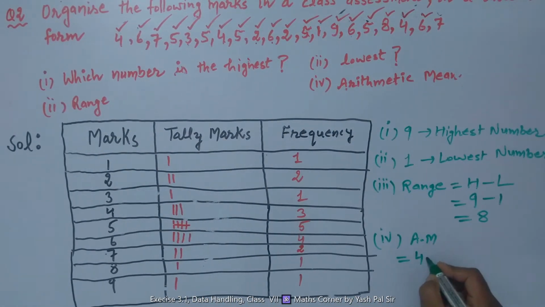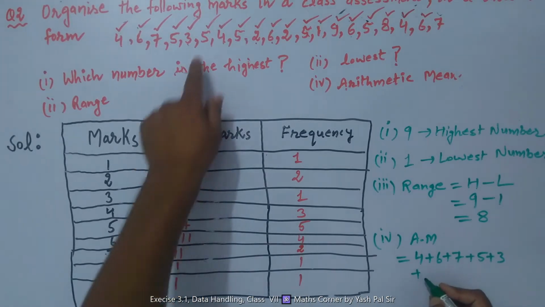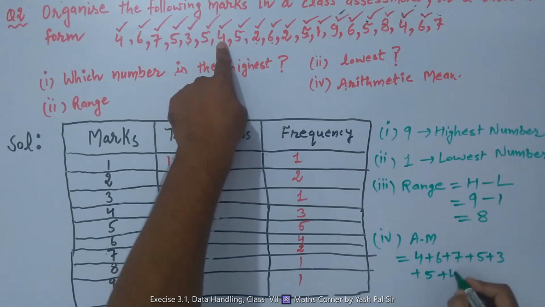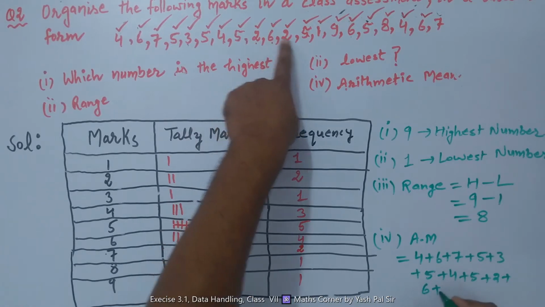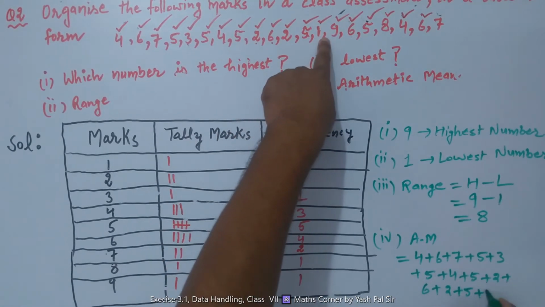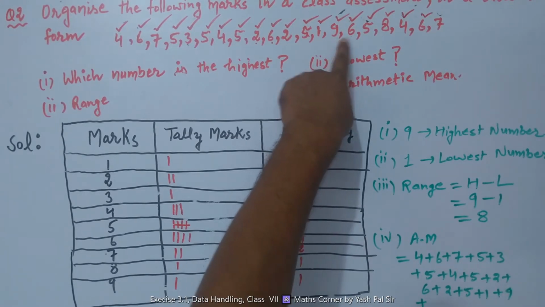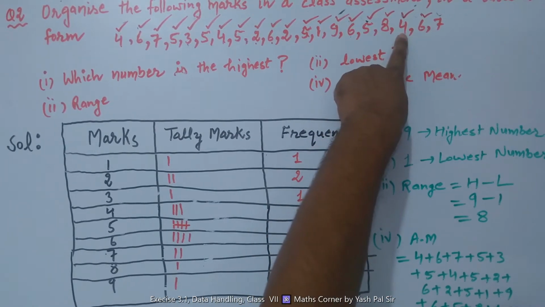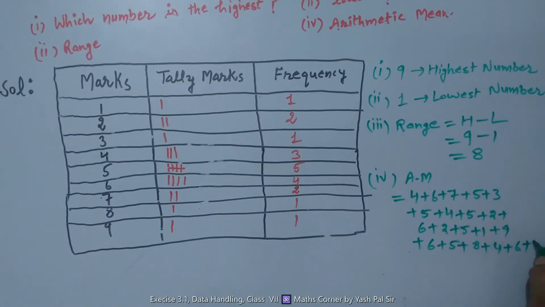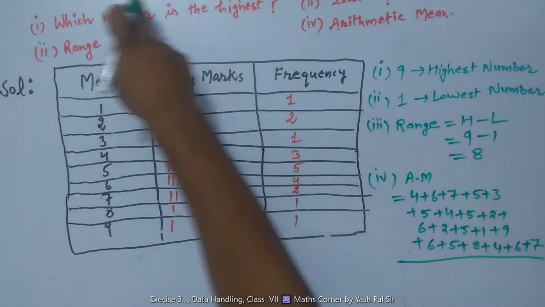For example, 4 plus 6 plus 7 plus 5 plus 3 plus again 5 plus 4 plus 5 plus 2 plus 6 plus 2 plus 5 plus 1 plus 9 plus 6 plus 5 plus 8 plus 4 plus 6 plus 7, last is 7, and divide the sum by the number of students.